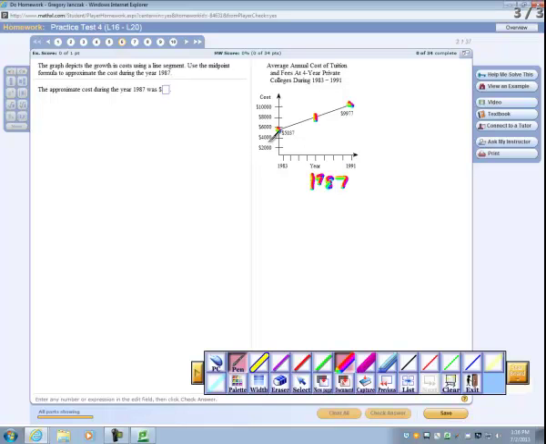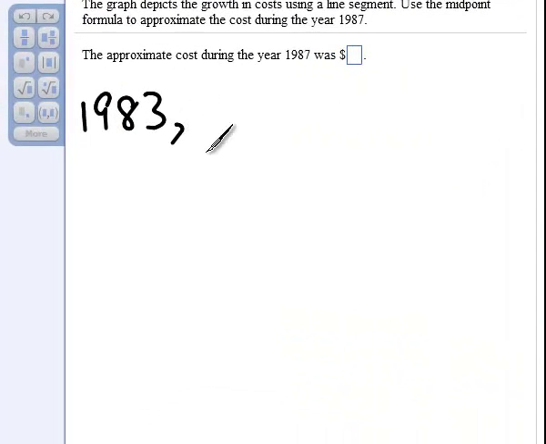So they normally give you the values here. So for 1983, your cost, they give it to you here, 5,037.